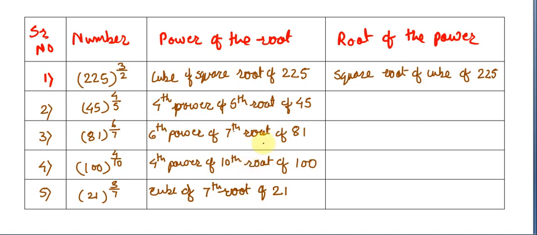Similarly, in the second column, see the example, the denominator is taken first as square root of, then numerator 3 as cube of 225. So we will write in the same manner, but in this column first look at the denominator. So fifth root of fourth power of 45.